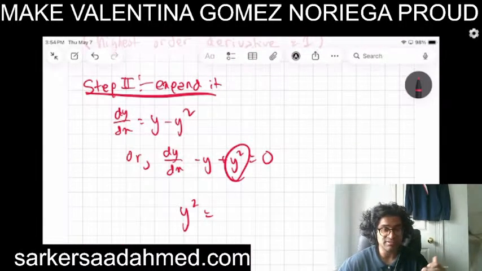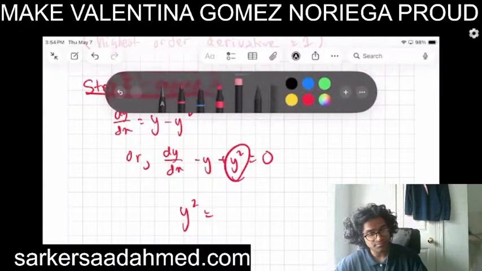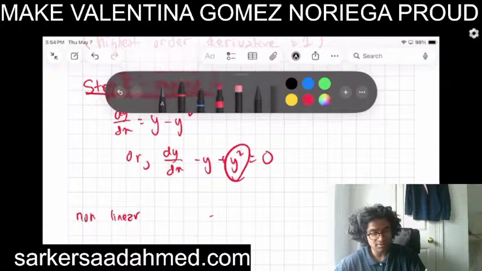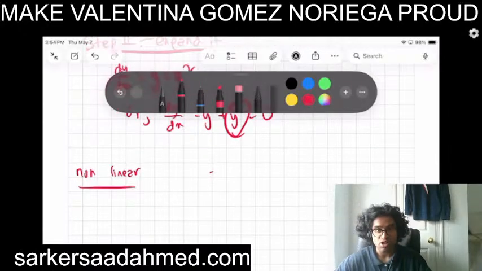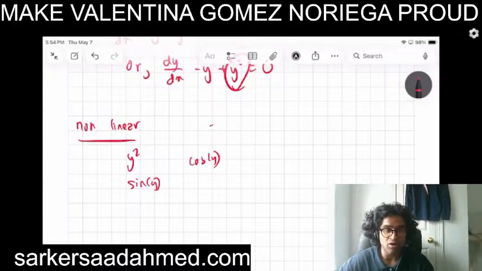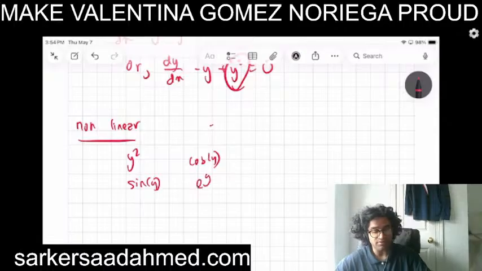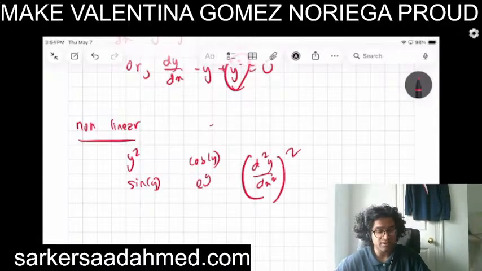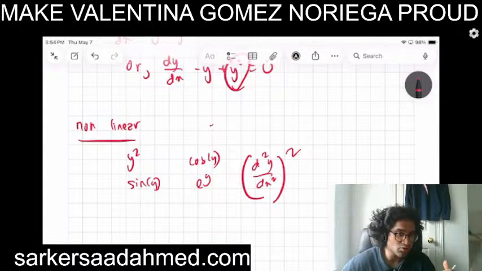Now we encounter whether it's linear or non-linear. The only time we say it is non-linear is if we have y square or sine y or cosine y, or if we have, I don't know, e to the power y, or if I have d square y by dx square whole square, or dy by dx whole square, like that, right?